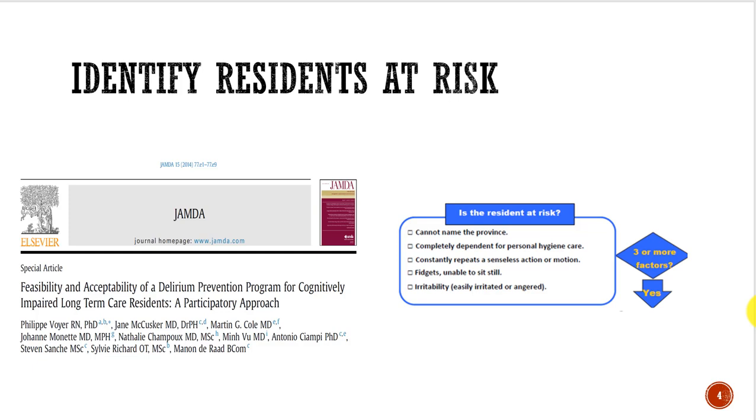So the question they ask is: is the resident at risk? The criteria are the following: cannot name the province, completely dependent for personal hygiene care, constantly repeats a senseless action or motion, fidgets, irritability. To be considered among the group at risk for delirium, they had to meet 3 or more of these factors.